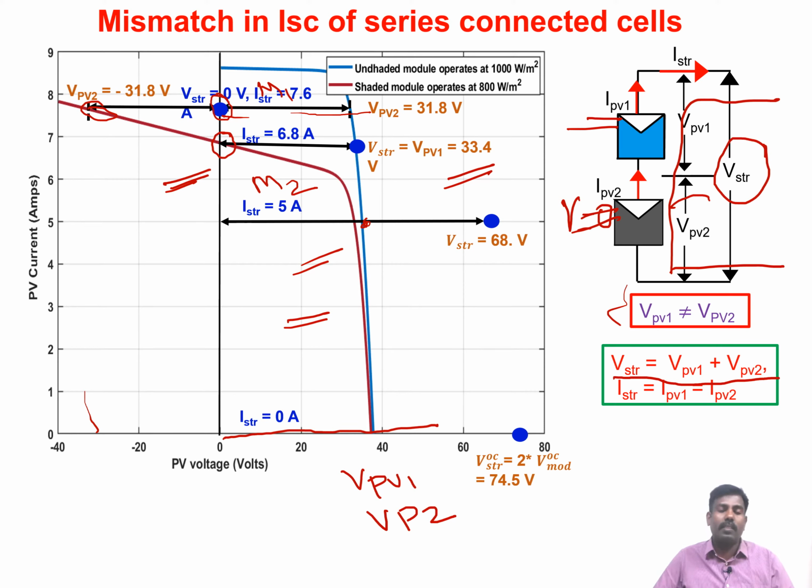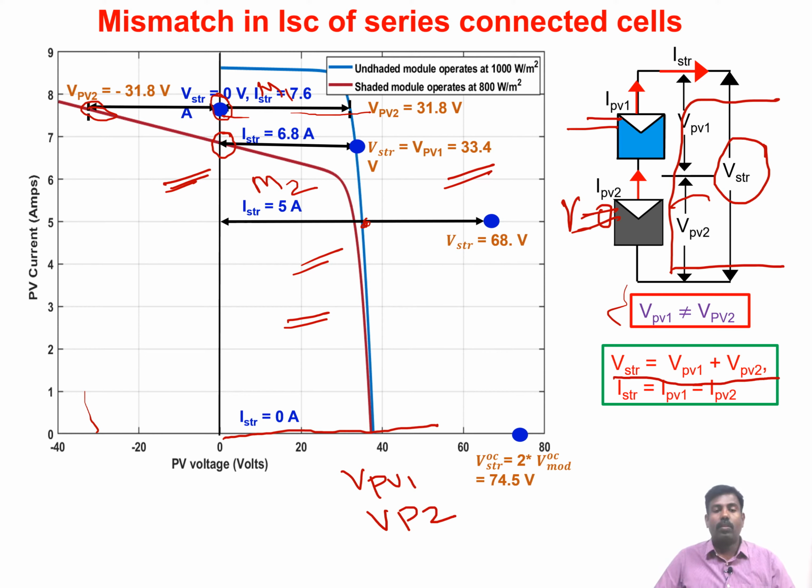So what does it indicate? That if you try to operate the string current more than the short circuit current of the shaded module, the voltage across the shaded module will become negative.